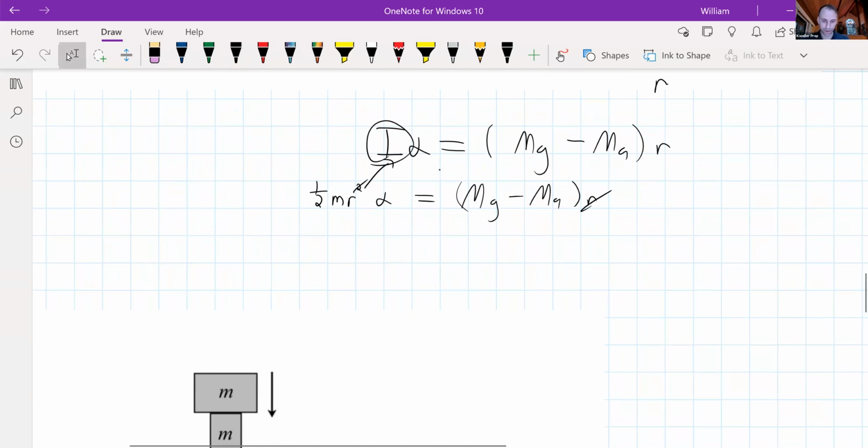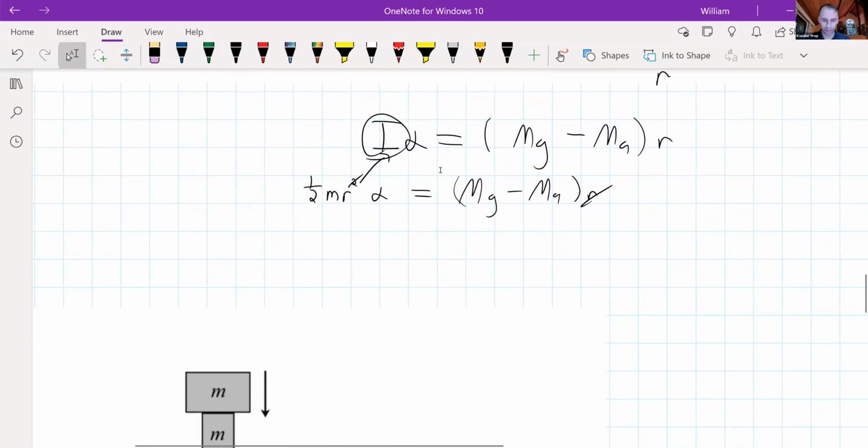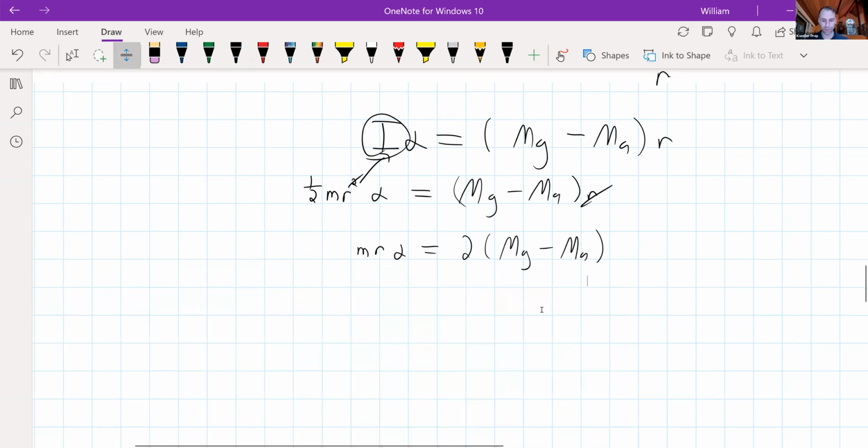Those guys go bye-bye, right? So I'm just left with r on the right. I will multiply by 2. I won't do too much at once. So we'll say m r alpha, multiply by 2 to get rid of that, is equal to 2 times the quantity mg minus big ma. I'll make some more space underneath.